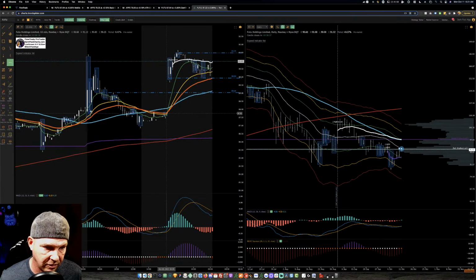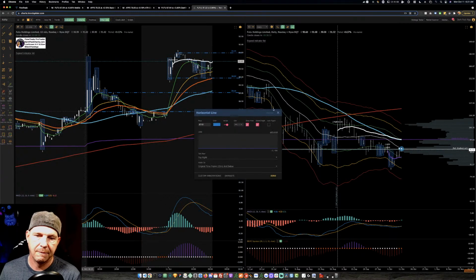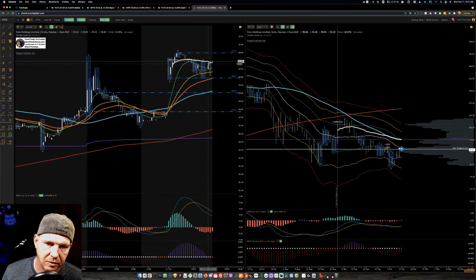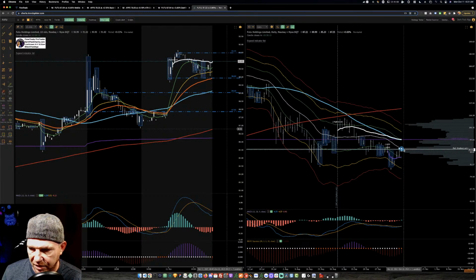All gaps must be filled. So if we start taking a downturn and start chopping through, if we start taking out 90, 89.10, I think we come back down to 88, right? Below that, I'm just going to be sketchy and look to buy the dip. It'll have to bounce off this 200.